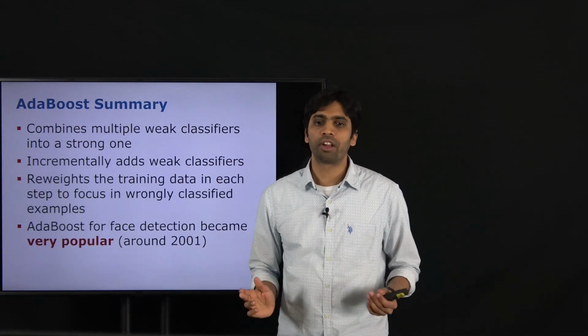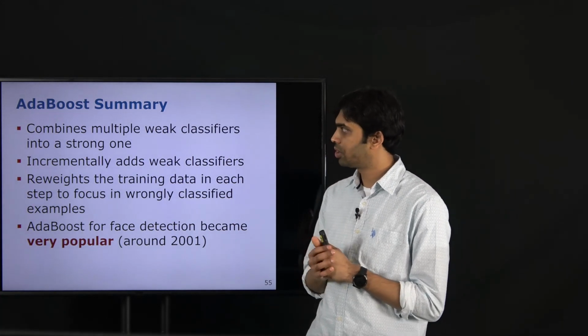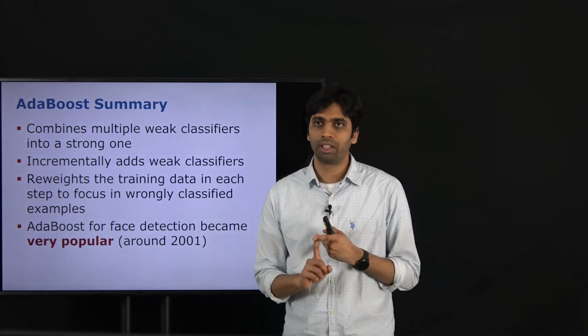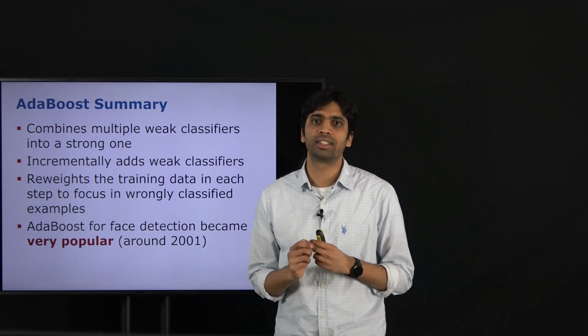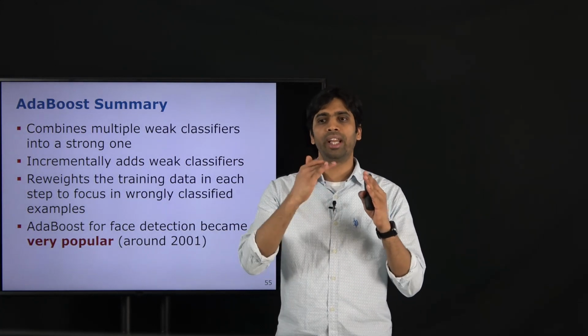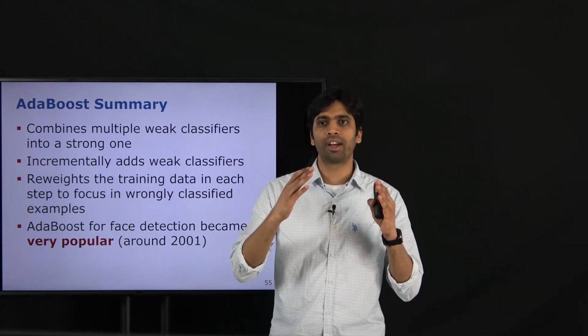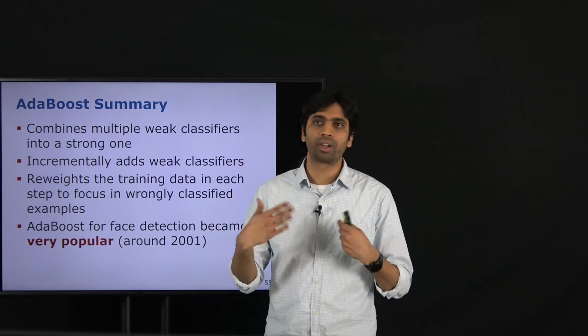So before I finish, I give you a really quick summary of what we saw in terms of AdaBoost. It's a way to combine multiple weak classifiers, and the take-home message in AdaBoost, or boosting in general, is to make sure to incrementally choose those classifiers which classify your mistakes from the previous round correctly.